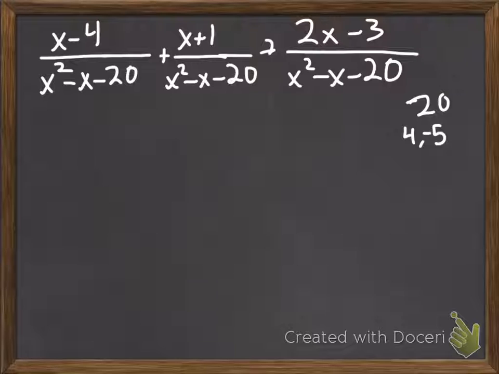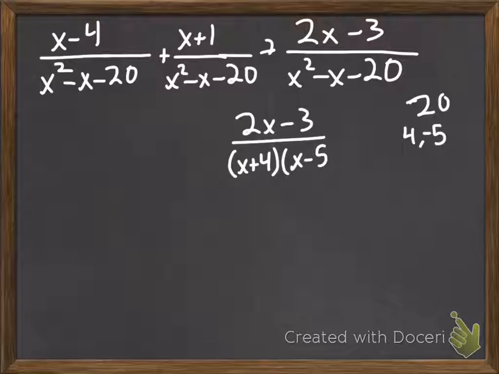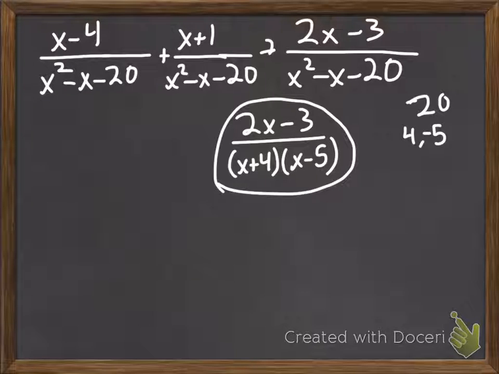So it looks like we get 2x minus 3 over x plus 4, x minus 5. Now it looks like we cannot do any more reducing, so this is our answer.